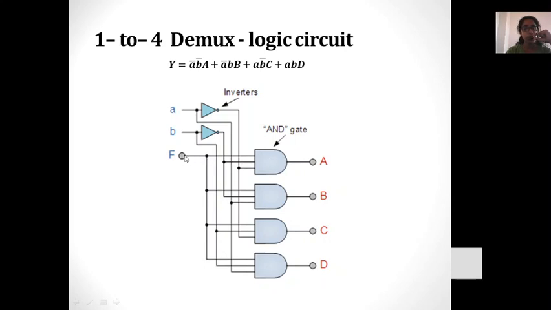You just look at this. The common input is F, capital F, and it is given to all the AND gates. Remember to give it to all the AND gates. Data input is common to all the gates, and then you will get the circuit. Have a look at the circuit. I think no need to explain more. Have a look, draw it and learn it.